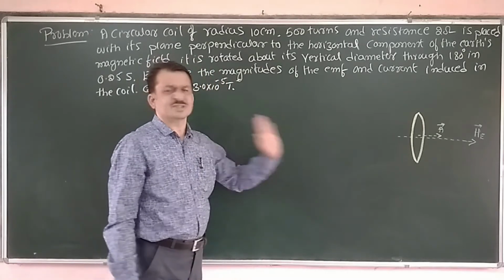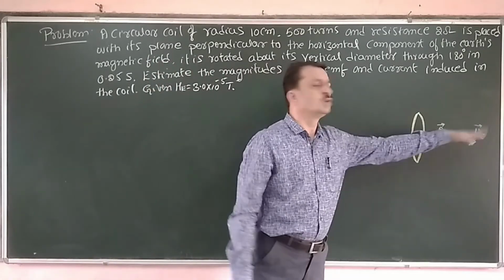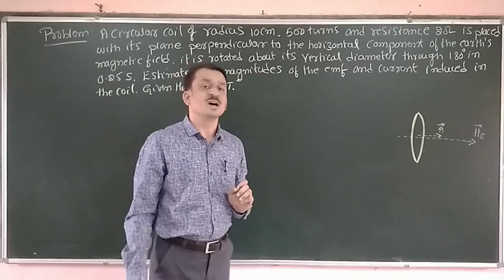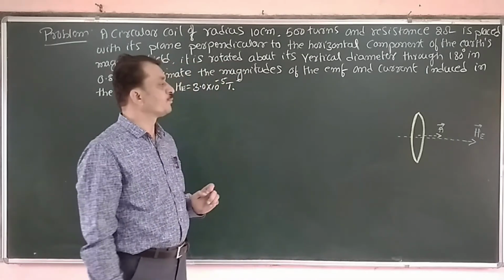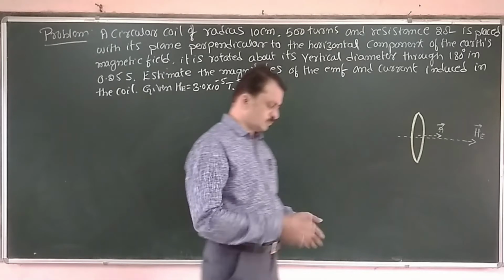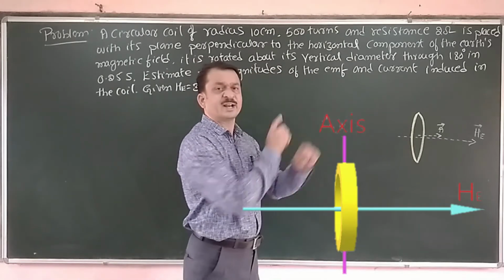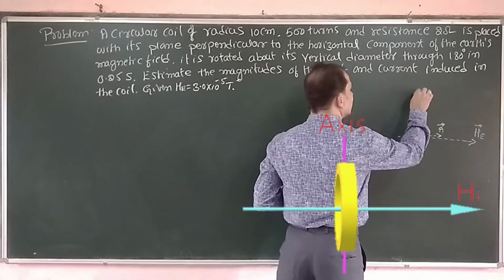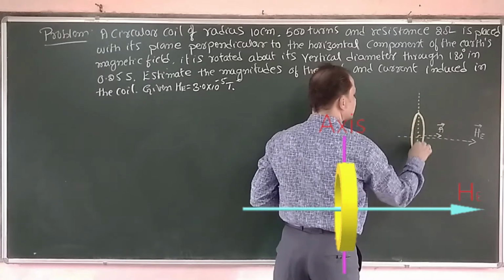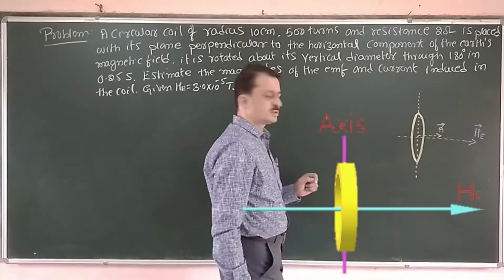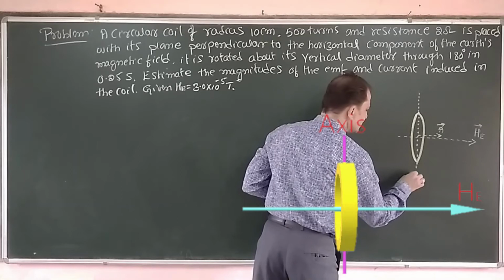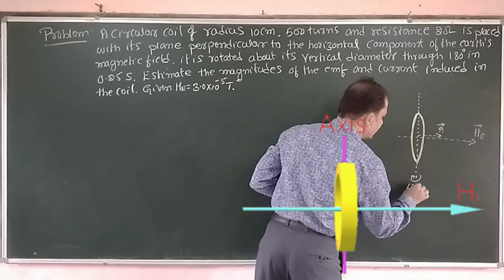Now here we are having a circular loop. It is placed such that it is perpendicular to the horizontal component of the Earth's magnetic field. This is the initial position. Now this loop is rotated about its vertical diameter. This is the axis of rotation, and it is rotated through 180 degree.